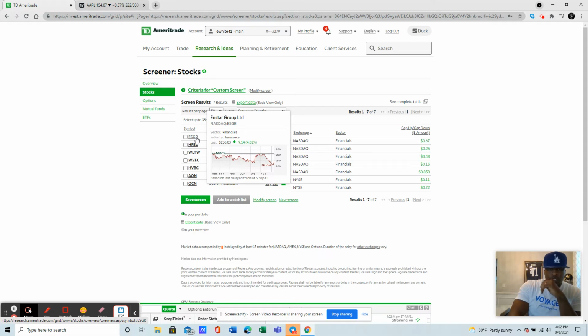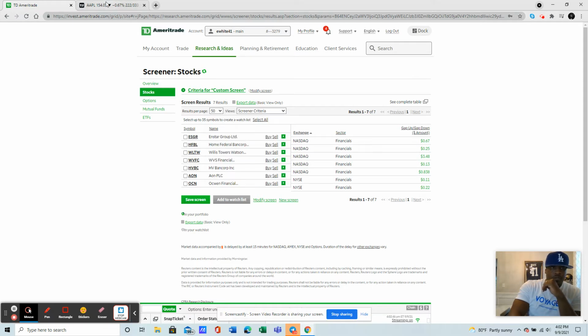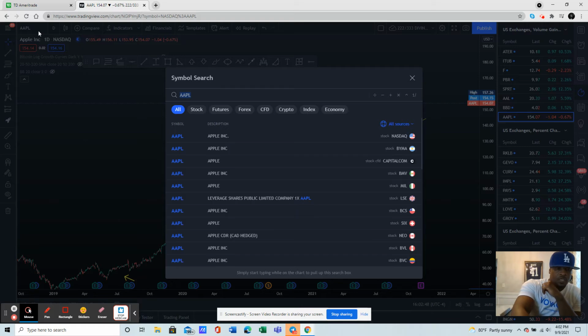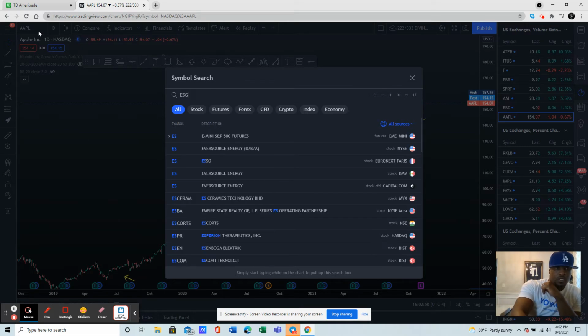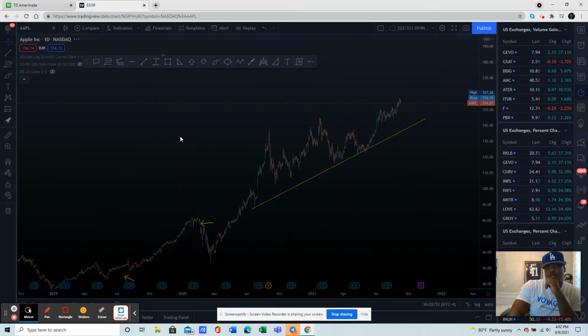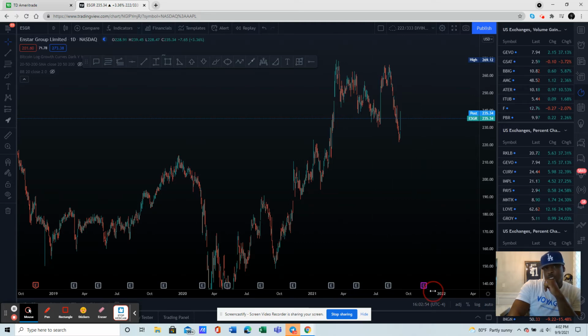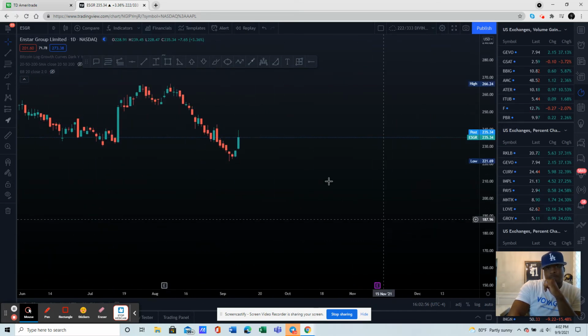We're going to look at the first one, ESGR. Go to your chart, and you really want to see if there are any trading opportunities. And here you see the gap right here.